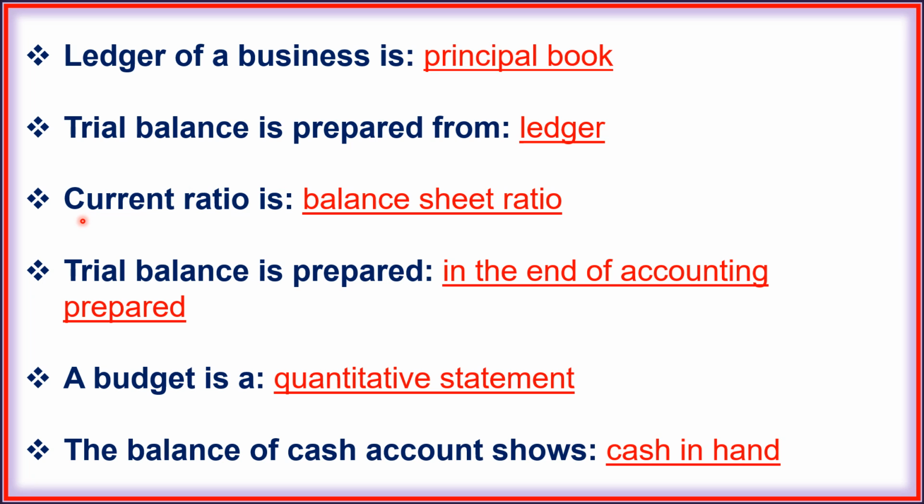Next, current ratio is balance sheet ratio. Next, trial balance is prepared at the end of the accounting period. Next, a budget is a quantitative statement. Next, the balance of cash account shows cash in hand.